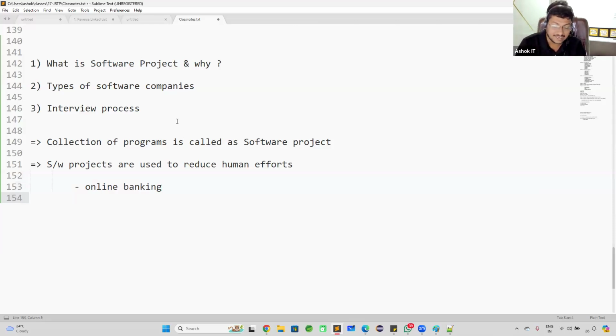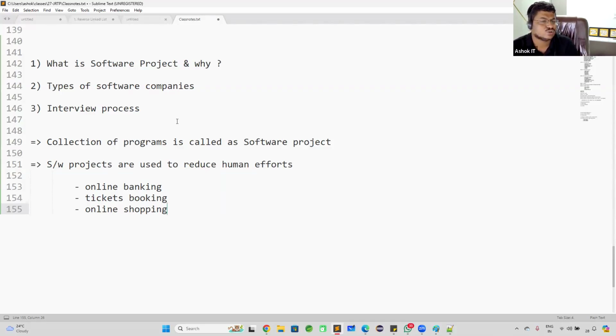And the next one, ticket booking. Earlier, if you wanted to book a train ticket, we had to go to the railway station and book the ticket. Today, the IRCTC project is available, so within a fraction of seconds, you can book train tickets. And the next one, online shopping. Earlier, if you wanted to purchase a mobile, you had to go to the mobile store. But today, sitting in your house, you can place the order by using online shopping.